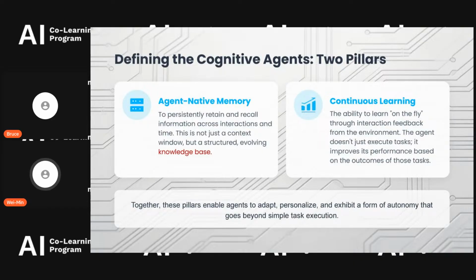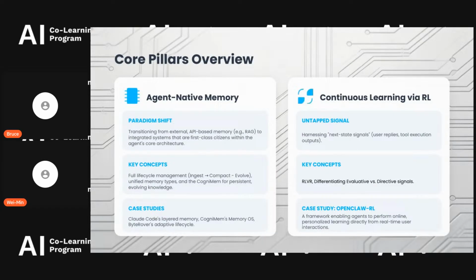So it's not just the context window, but a structured, evolving knowledge base. And continuous learning is the ability for the agent to learn on the fly through the interaction feedback from the environment. Together, these pillars enable the agent to adapt, personalize, and exhibit a form of autonomy that goes beyond simple task execution.